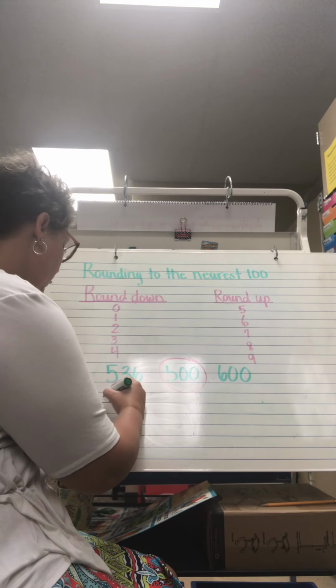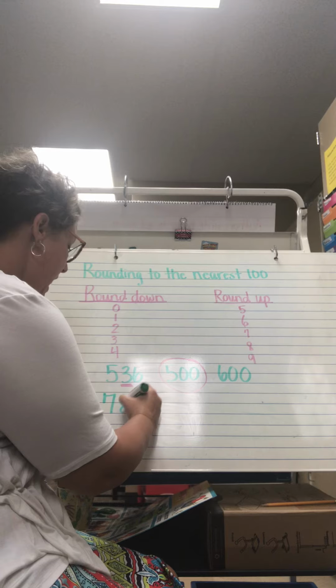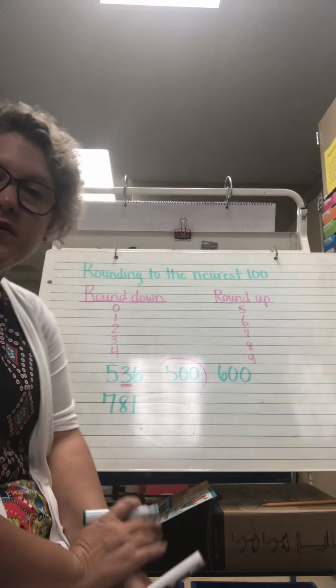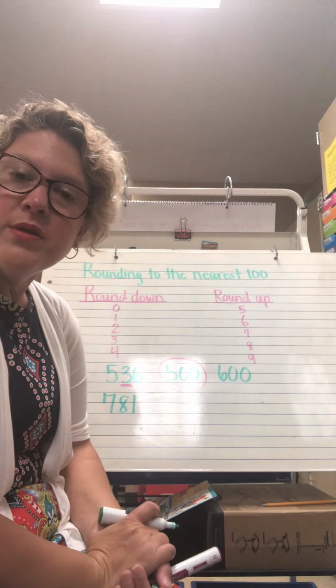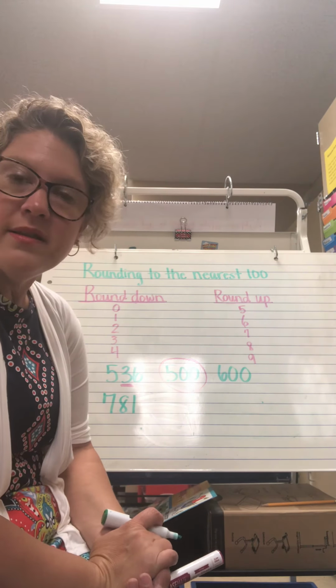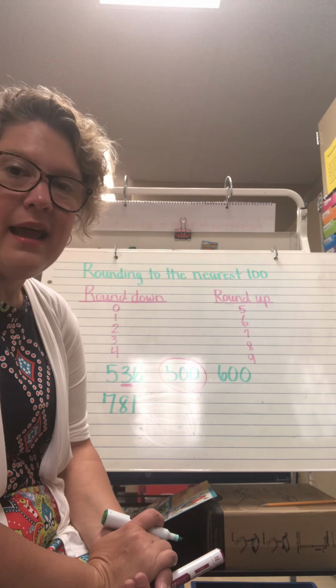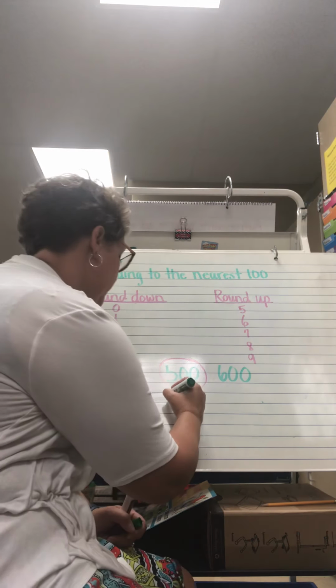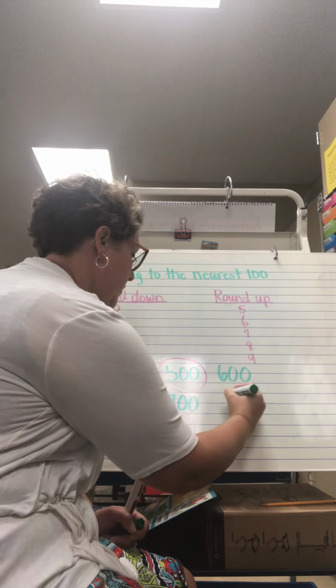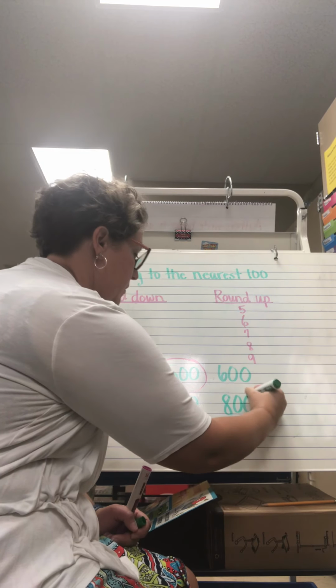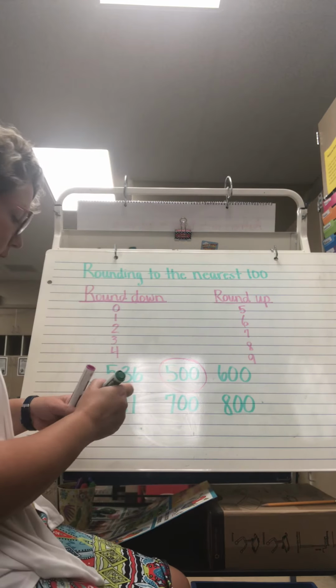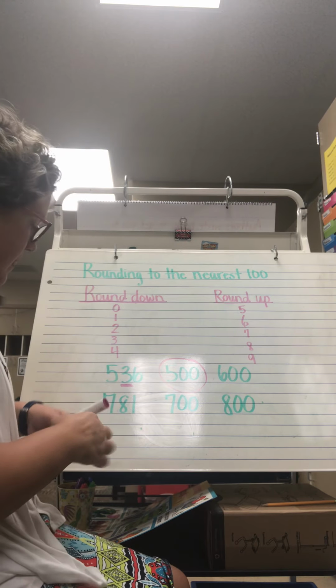Let's try the number 781. So again, boys and girls, what two hundreds does 781 come between? It goes between 700 and 800. So again, I'm going to look at the digit in the tens place.